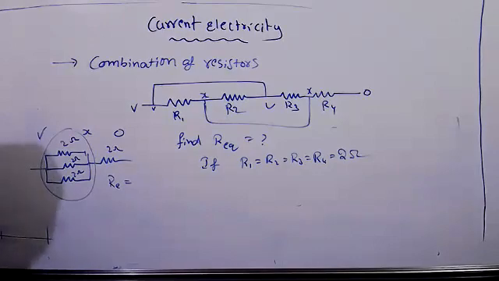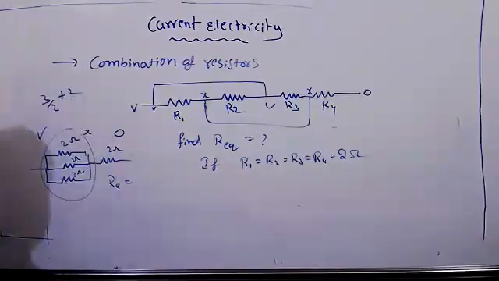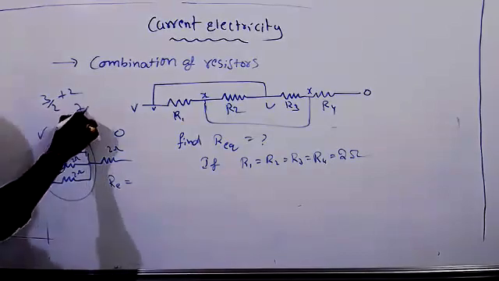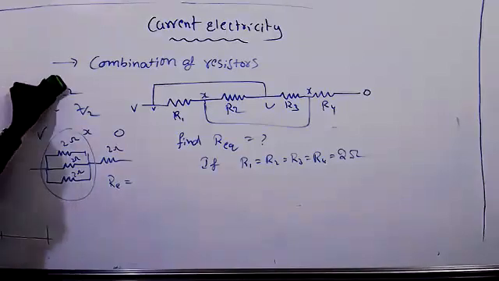So 3/2. Yes, 3/2, right? 3/2 plus 2 is 7/2. Answer, 7/2. Good. It is the fifth method.